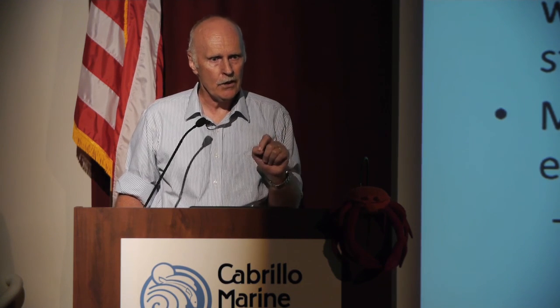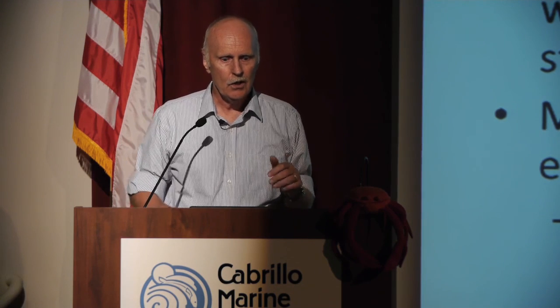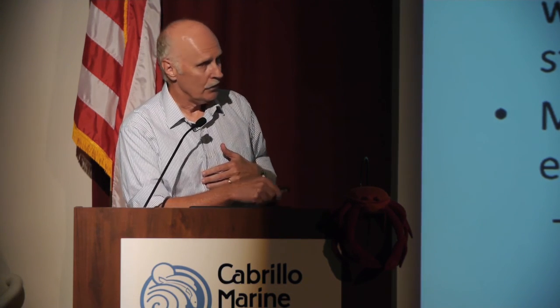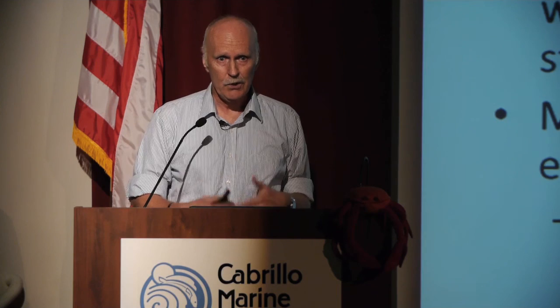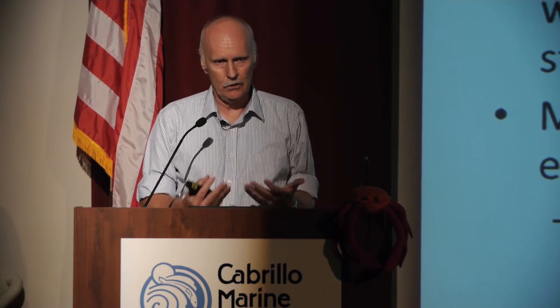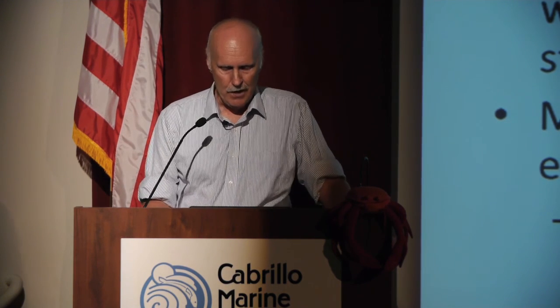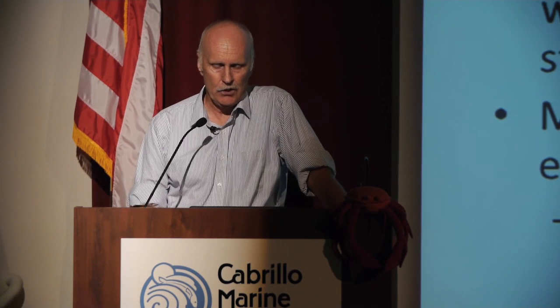So I think the best thing we can do to protect our communities from climate change is to remove all these other impacts, so that the species are doing as well and under as little stress as possible, so that they can better handle the changes that are going to come with the changing climate.